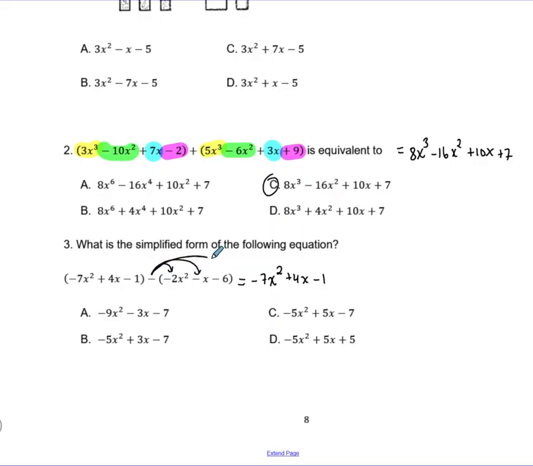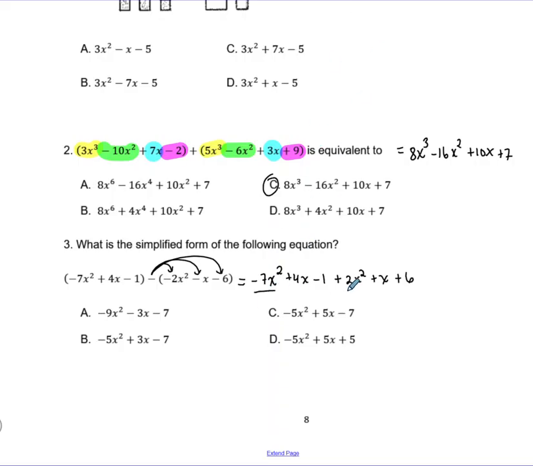What this negative does is, everything inside of my parentheses just turns into the opposite sign. So negative 2x squared turns into a positive 2x squared. Negative x will turn into a positive x, and this is a positive 6. Now we can combine like terms.